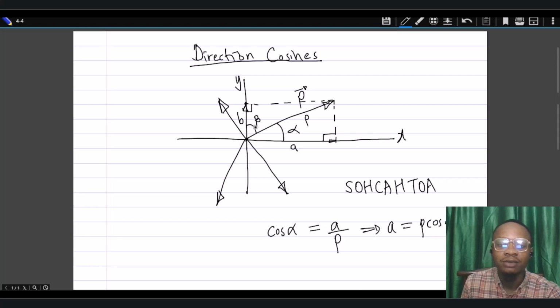So this is the right angle, and so as far as angle beta is concerned, this is the side that is opposite, and b is the side that is adjacent to angle beta. So if we take cos of beta, it follows that that will be adjacent, which is b, over hypotenuse, which is still p. And in this case, this means that the y component will be given by p cos beta. All right.